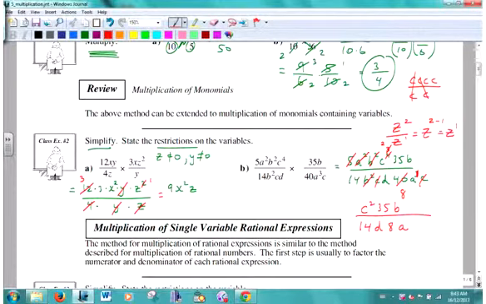Can I do anything else? Seven goes in 35, 5 times. 7 goes in 14, twice. Now what do I have on the top? 5b c squared over 2 times 8 is 16a.